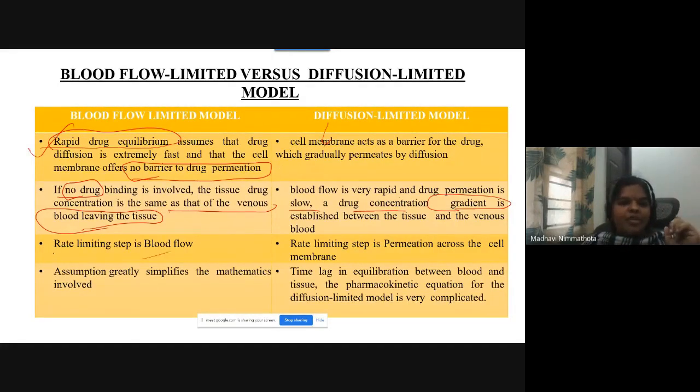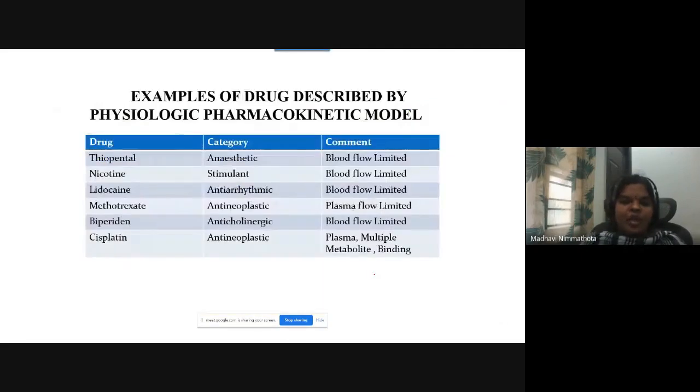So here the rate limiting step is blood flow, and there the rate limiting step is permeation. This assumption greatly simplifies the mathematics involved, and this is the time lag equilibrium between the blood and tissues. In the diffusion model, we are estimating the time lag between the blood and tissues. In this way, you can differentiate the diffusion model and the blood flow limited model.